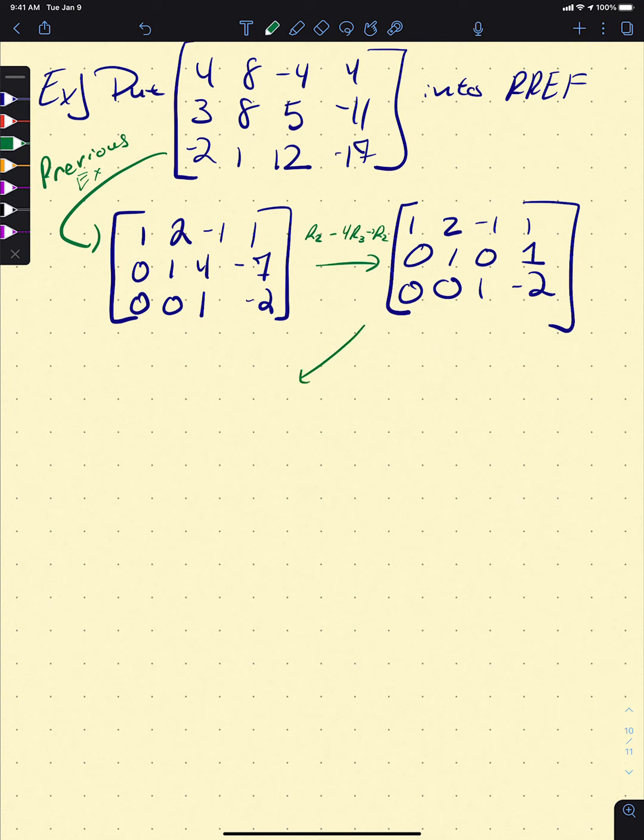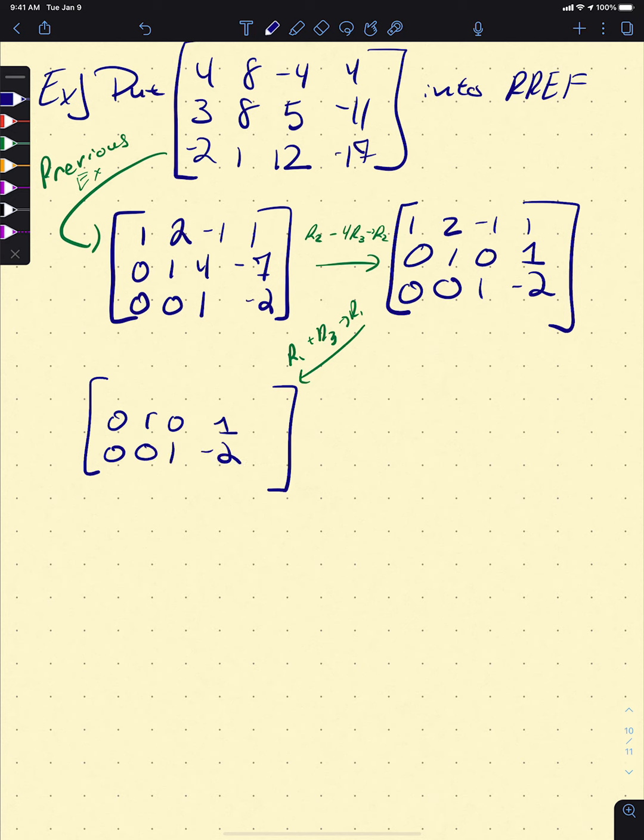So let's do row 1. Looks like it's just going to be directly plus row 3 to redefine row 1, right? Because if I just add these two, I get 0. So what's going to happen now? Our second row is going to stay the same. Our third row is going to stay the same.